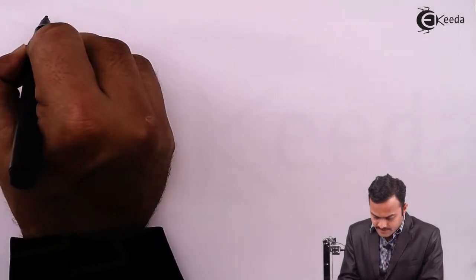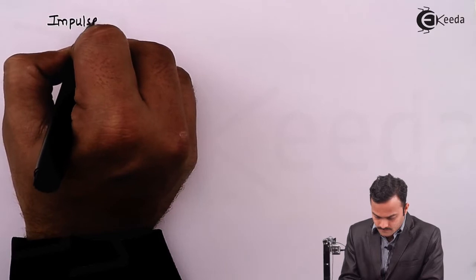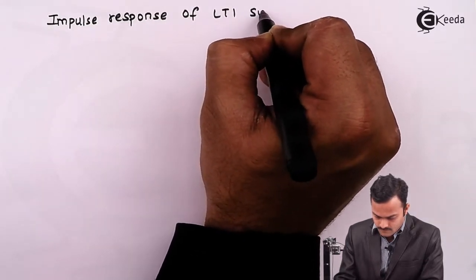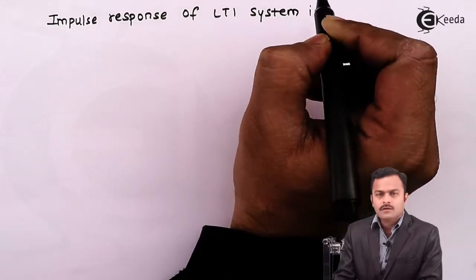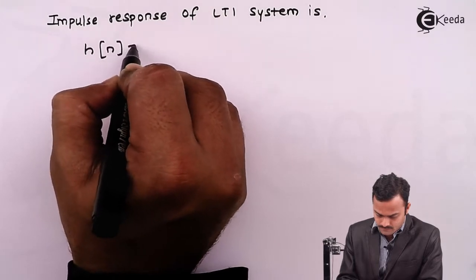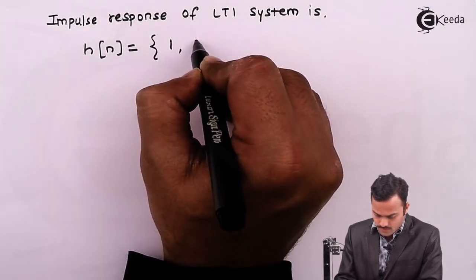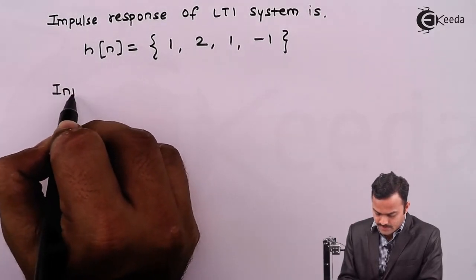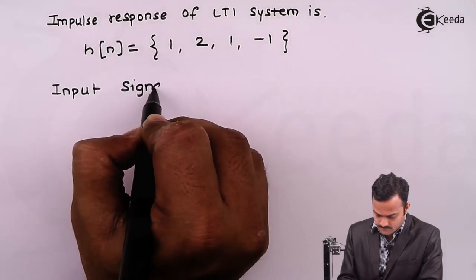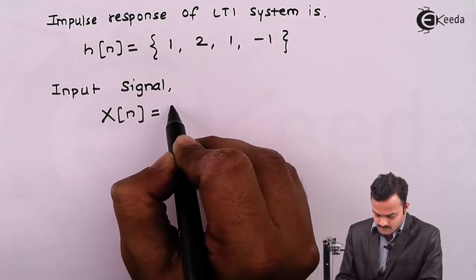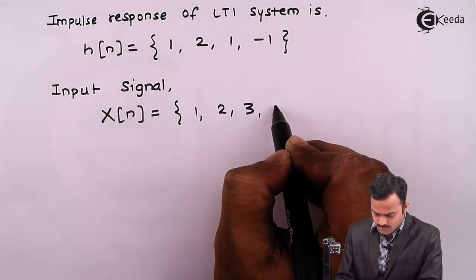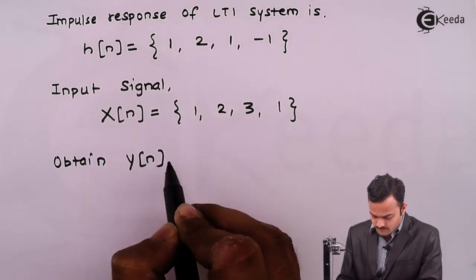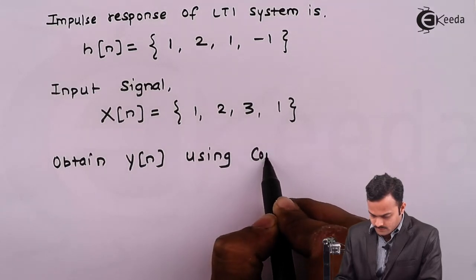The impulse response of an LTI system is given, which is h of n equals 1, 2, 1, minus 1, and the input signal x of n is given, which is 1, 2, 3, 1, and we have to obtain y of n using convolution.